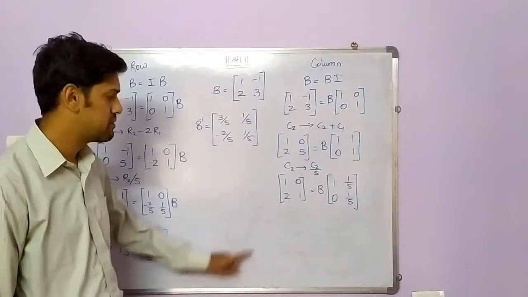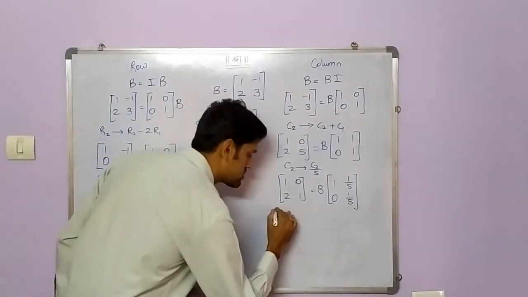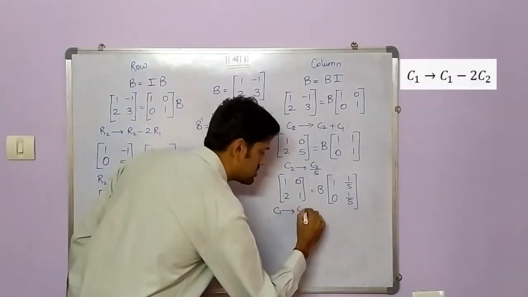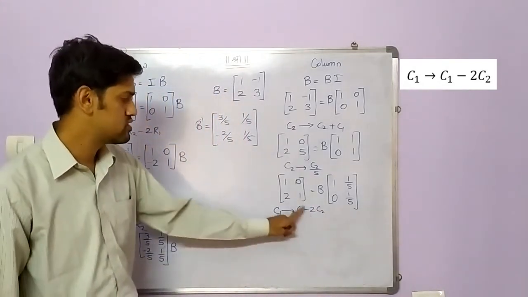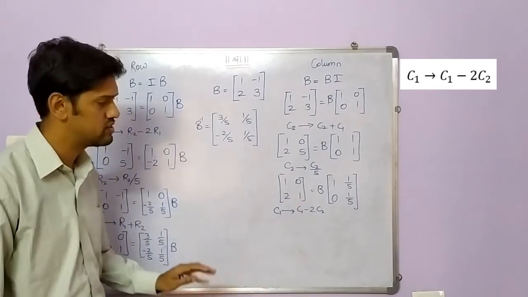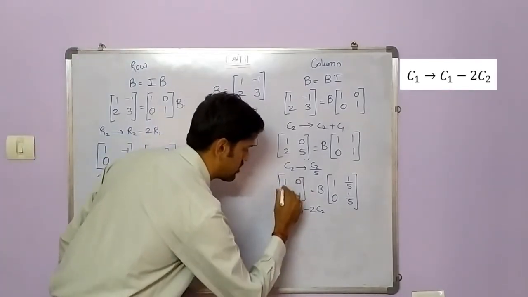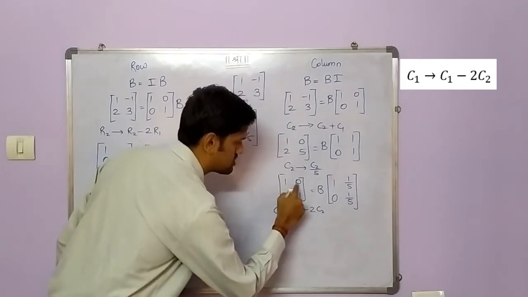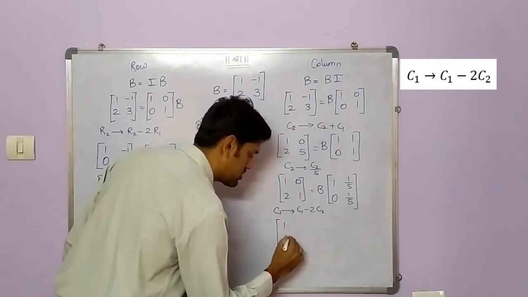Now my final step is to make this 0. C1 is C1 minus 2 times C2. Why minus 2? So that this will become 0. 2 minus 2 times 1, which is minus 2. 2 minus 2 is 0. First column will be 1 minus 2 times 0. This will remain as 1. 2 minus 2 times 1, 0.